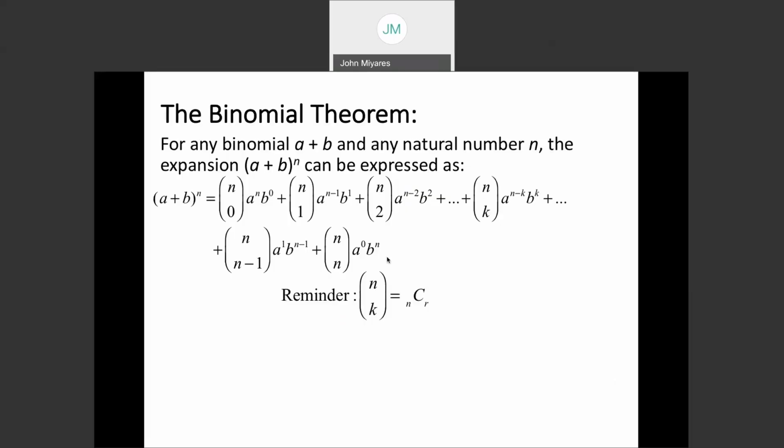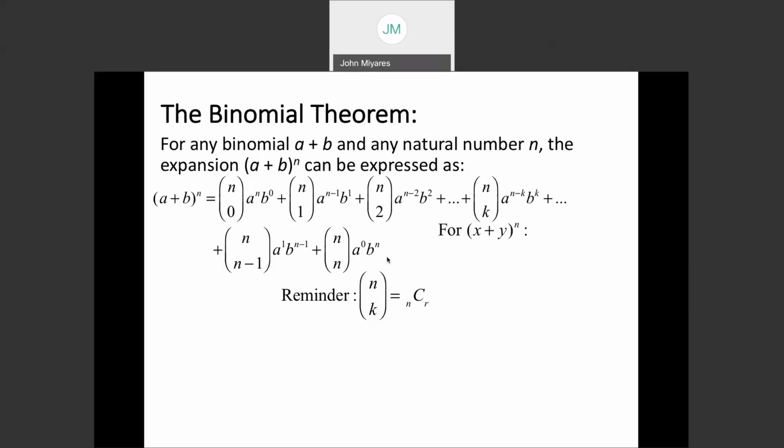A reminder that notation with the n over a value k is really just looking at the combinations formula nCr, which can either be picked off from Pascal's triangle now, or you can generate this on your calculator using the combinations button under the math prob menu.